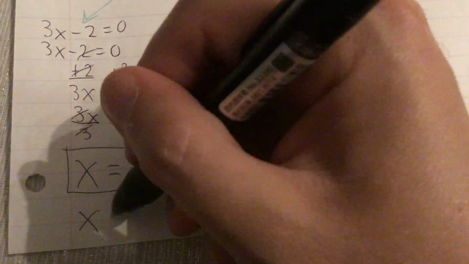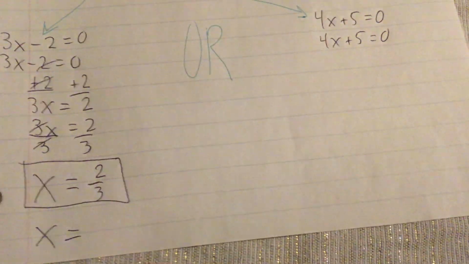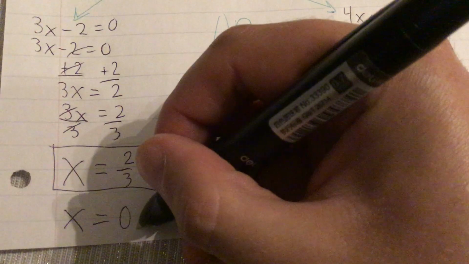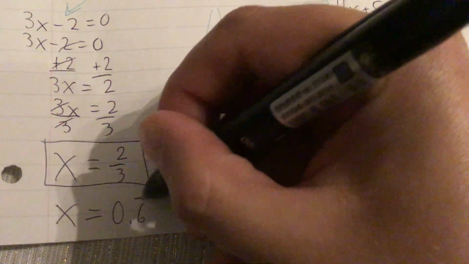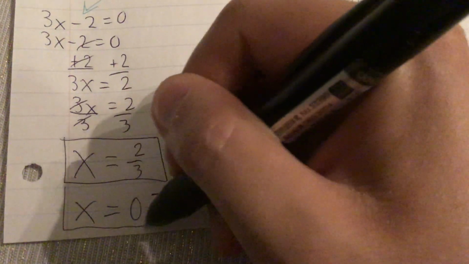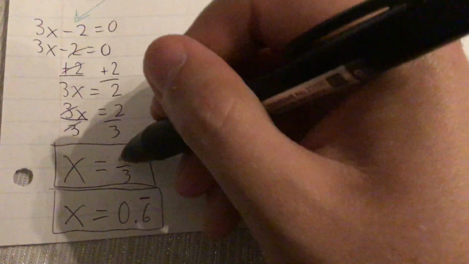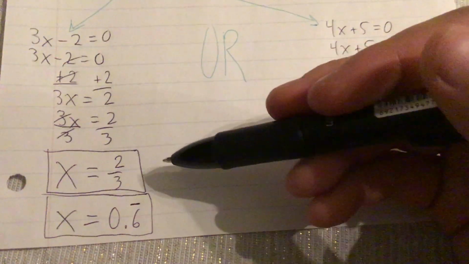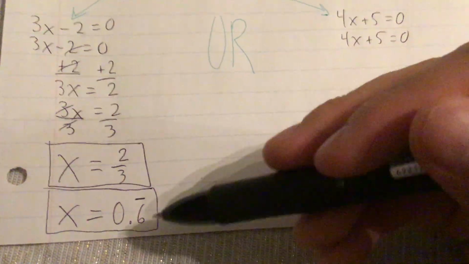I would personally leave it like that because if you want the decimal equivalent, 2/3 is 0.66666666666. In other words, it is 0.6 repeating. When we say it's repeating, put a little hat on that 6. You pick either one, either 2/3 or 0.6 repeating. Personally, I like 2/3 because I like it when decimals end.